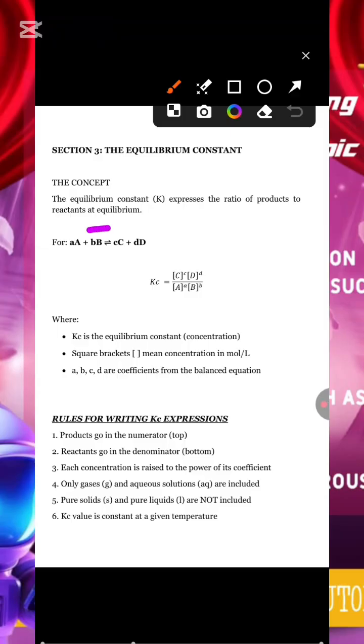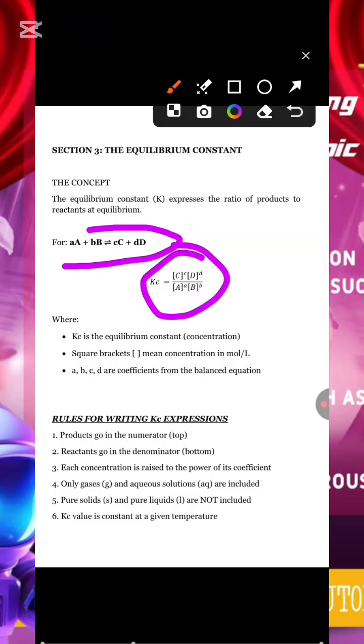You can see that reactant A is combining with reactant B to form product C and product D. So A and B are the reactants, C and D are the products. Now observe the fraction right here. Take a look at the numerator. You can see that it is C and D. And take a look at the denominator. You can see that it is A and B. So the reactants are always at the denominator and the products are the numerator.